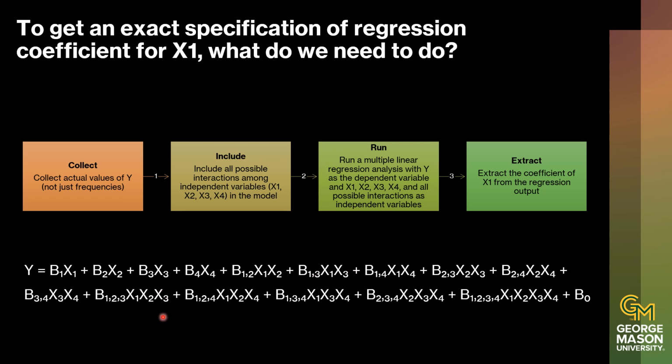All these products, look at this particular prerequisite here, or this condition here, which states all possible interactions as independent variables. So in looking at all these products, you sum them up, and then you'll be able to get the exact specification of regression coefficient for x1.